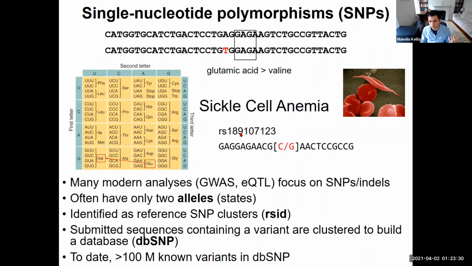So you'll say RS189107123 is the SNP underlying sickle cell anemia. All of these variants have been clustered and built into a database, dbSNP, and there's more than 100 million known variants in dbSNP. And every now and then, they basically change the genetic code or they disrupt regulatory regions. Okay, who's with me so far on the workhorse of genome-wide association studies, namely single nucleotide polymorphisms?